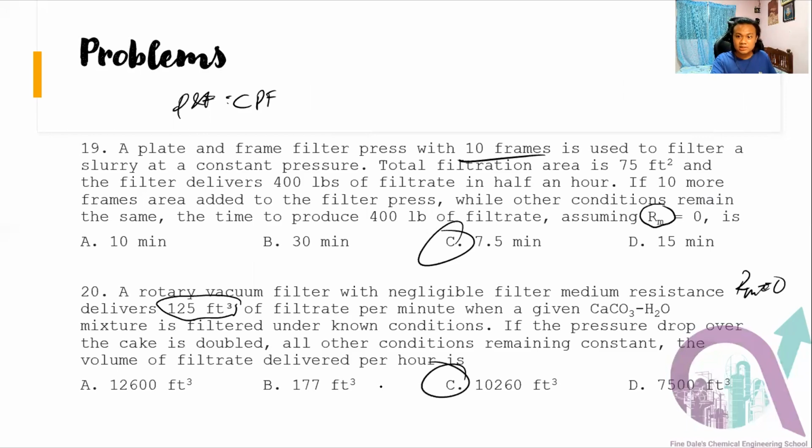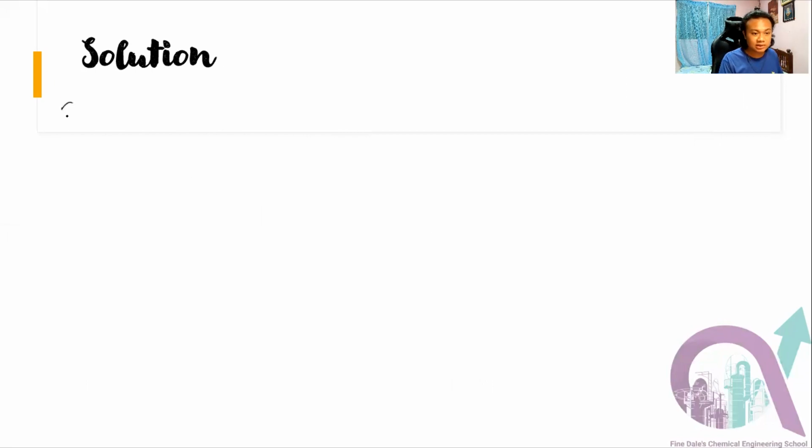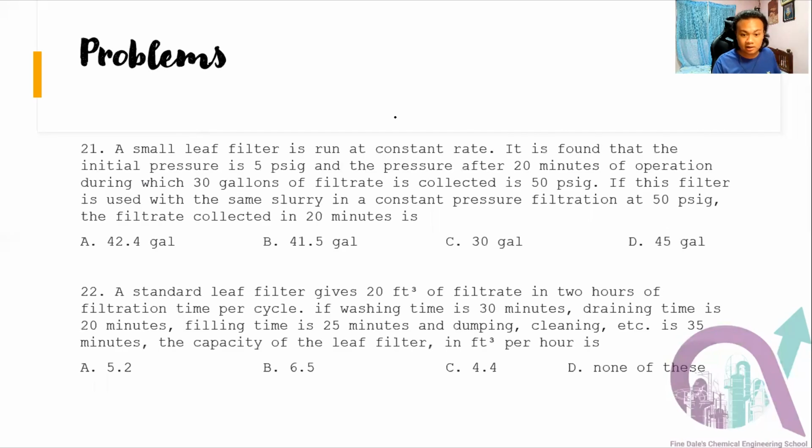Okay, so let's move on to the last 5 numbers. Number 21 is actually easy. This is what I have been telling you earlier, the CRF. You have K equal to 2 VR squared over theta R, and you know theta R. Theta R is 20 minutes, and V is 30 gallons.